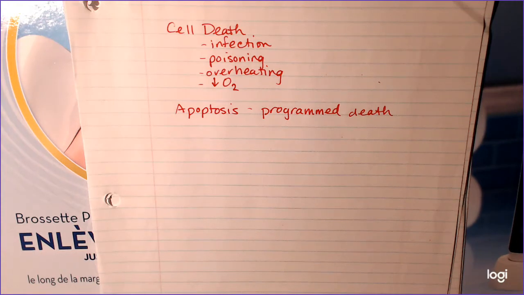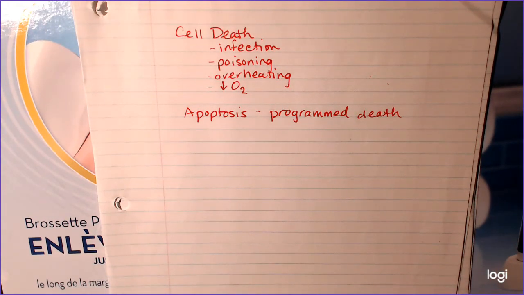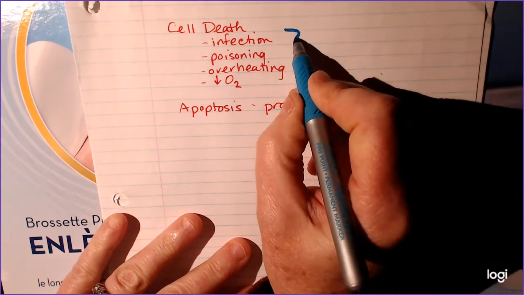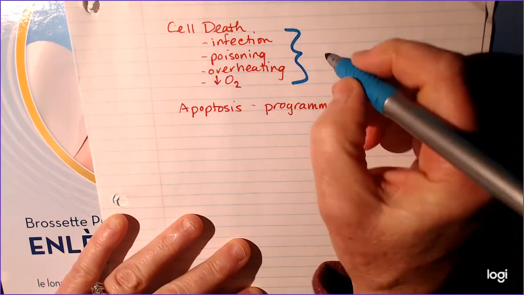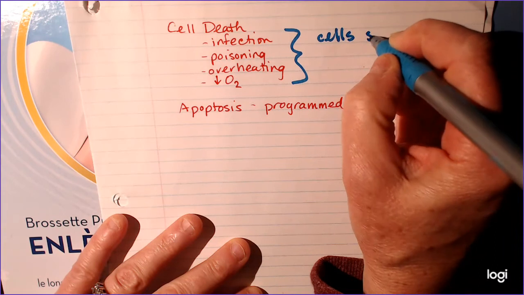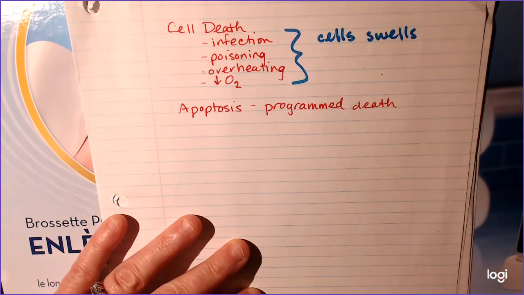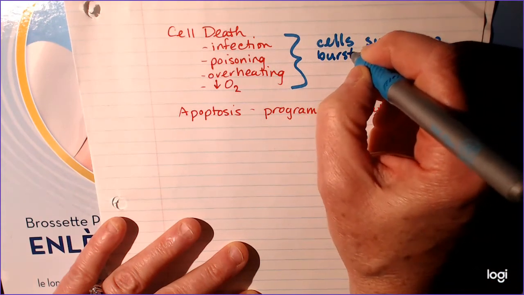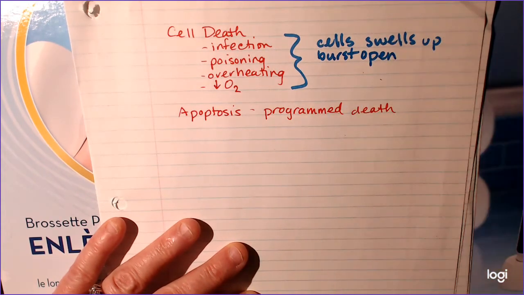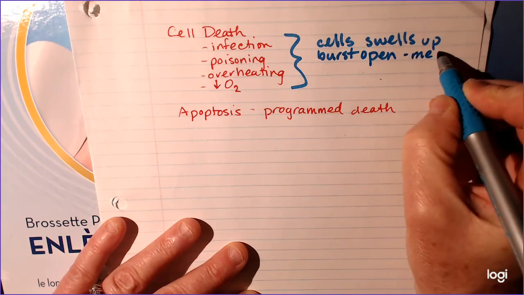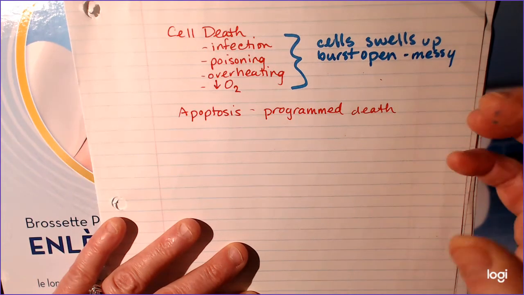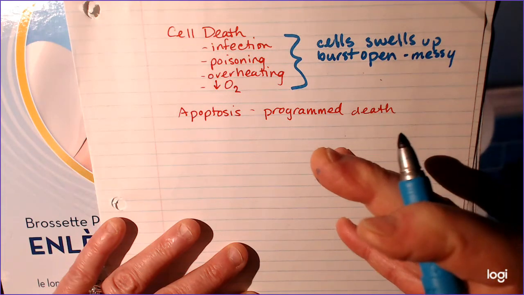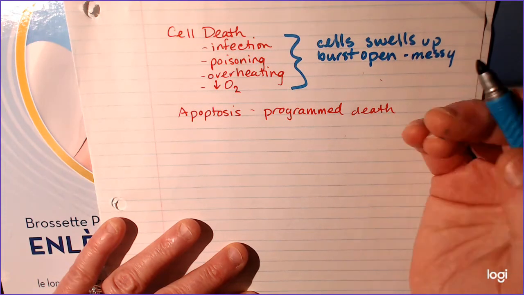Cells only live for so long, so they're not going to live forever. There comes a time where they just have to move on. What happens a lot of times with this type of death is the cells swell up and pop open. It's really messy. The cell swells up, bursts open, and sometimes when they burst open, they can actually kill other cells.